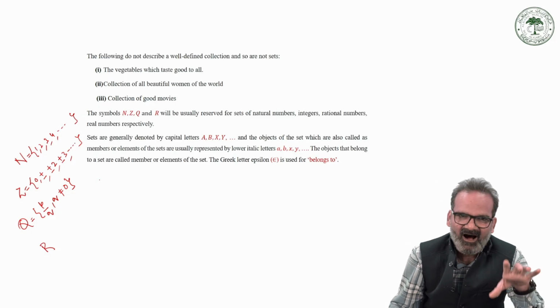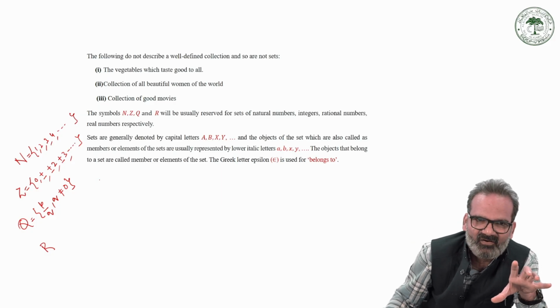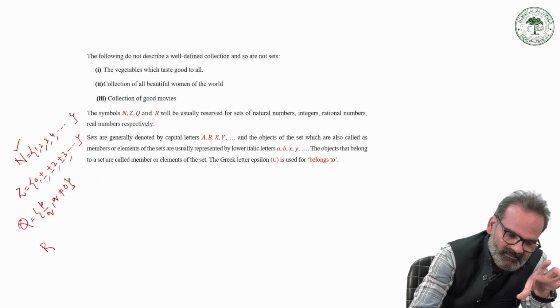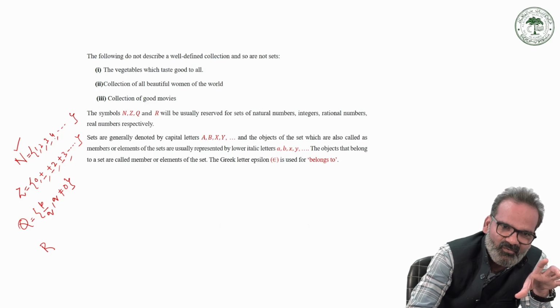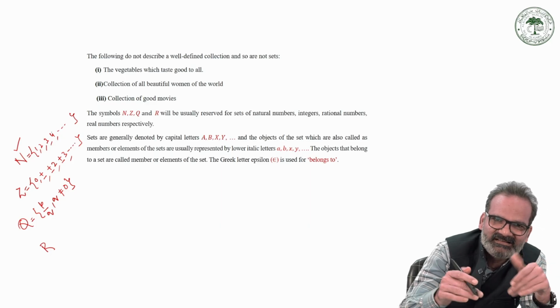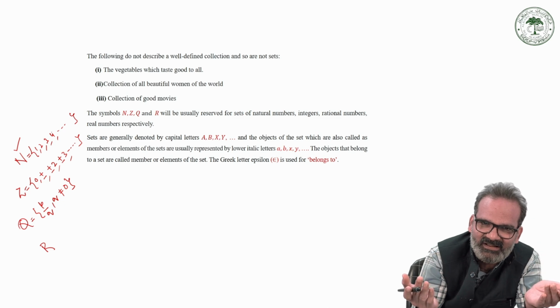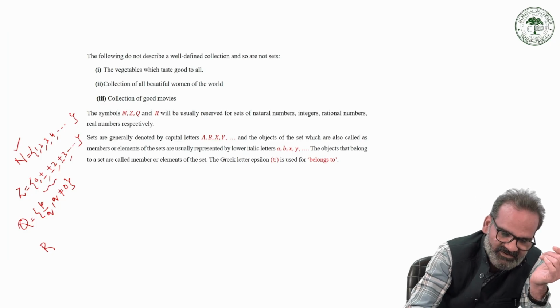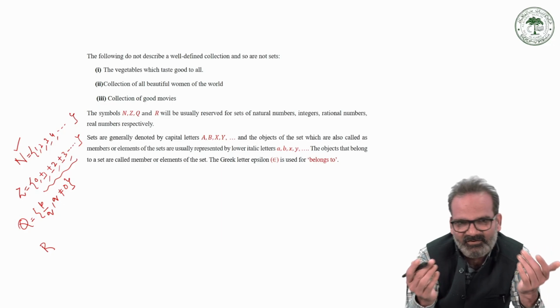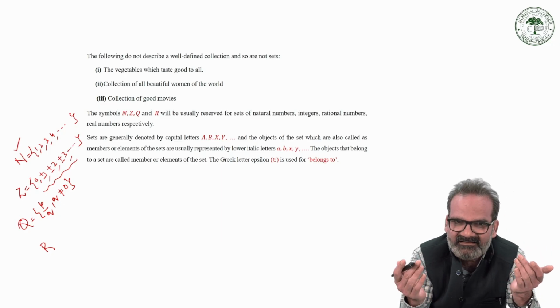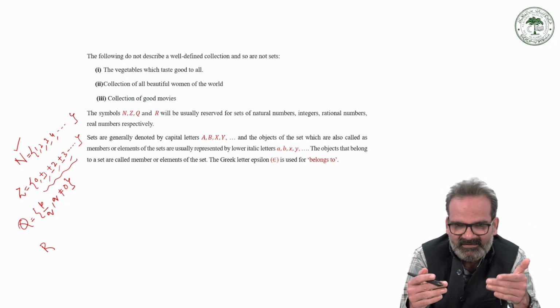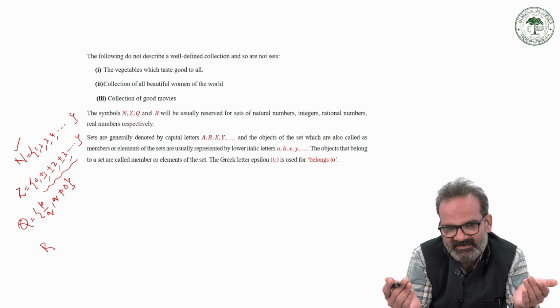So these are the best examples of sets. Why? Here the objects are 1, 2, 3, 4. Every object of N is a natural number. We know that. That is why the collection of these numbers is well defined. Likewise, every object of Z, 0, plus or minus 1, plus or minus 2, plus or minus 3, is an integer. Therefore, this collection is also well defined.